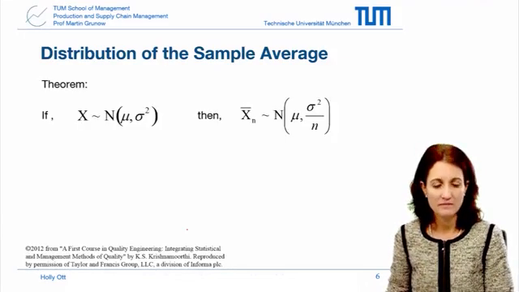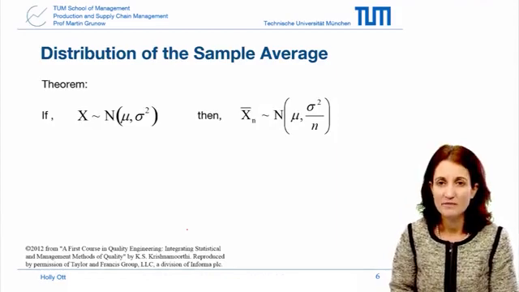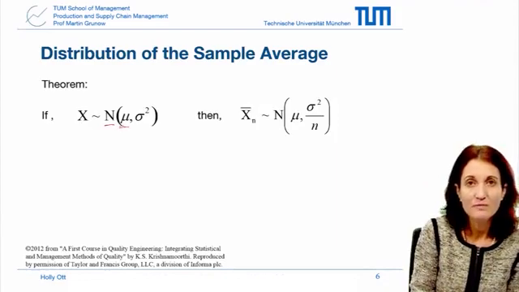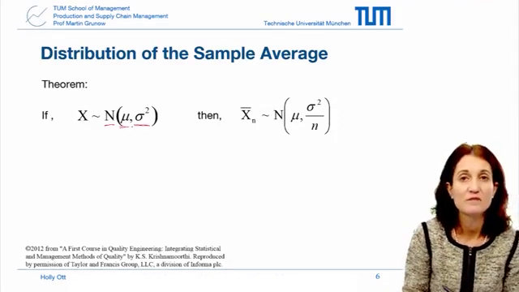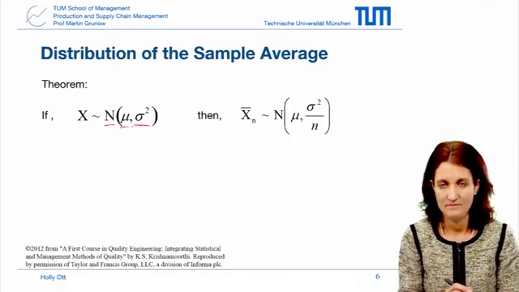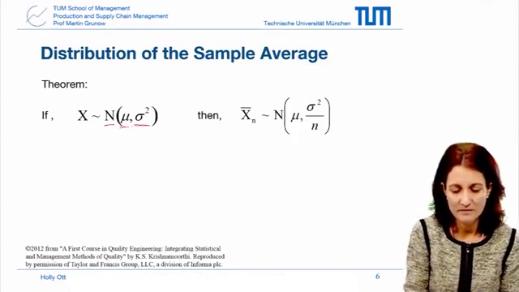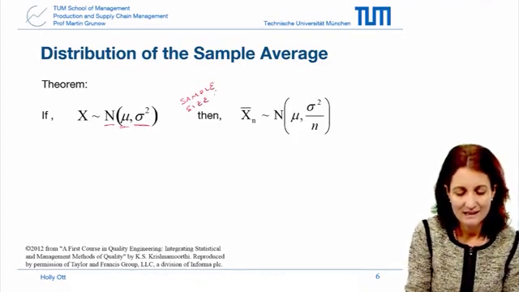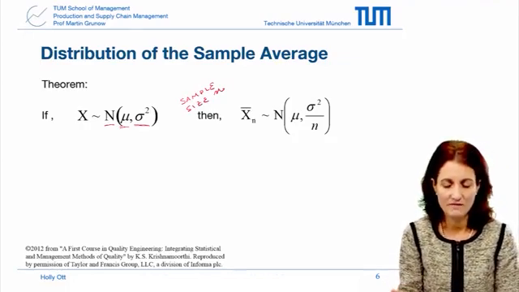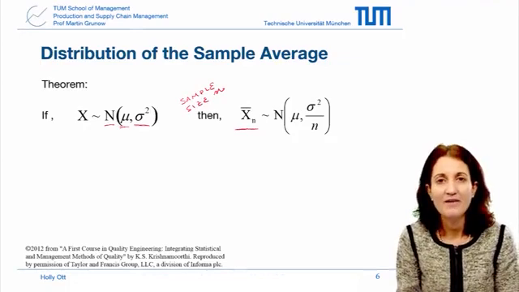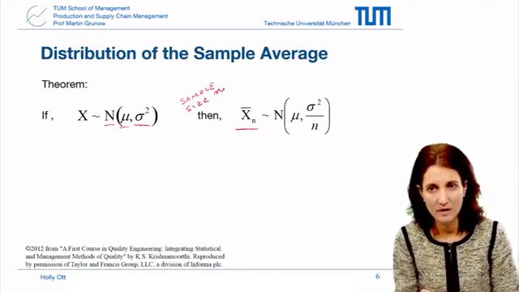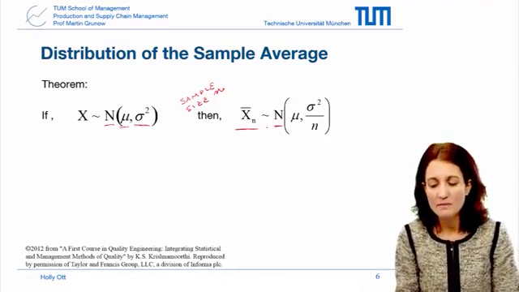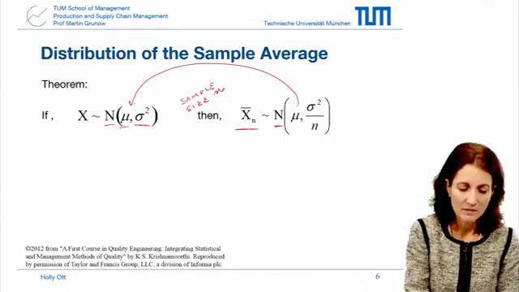So we have a theorem. If x is a random variable which is normally distributed, with a mean mu and a variance of sigma squared, then if we take a sample of size n, the average of that sample, x bar sub n, is also normally distributed with a mean equal to the population mean.